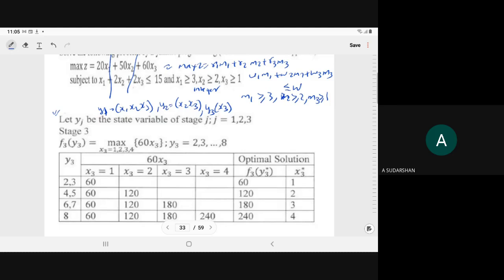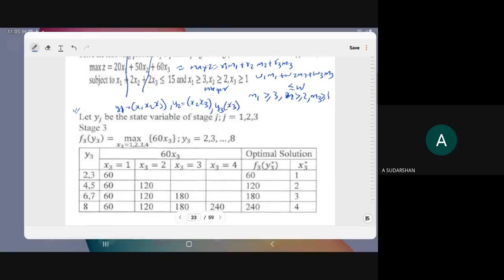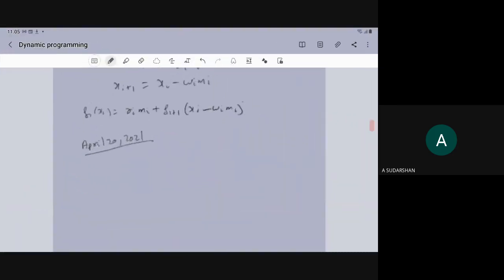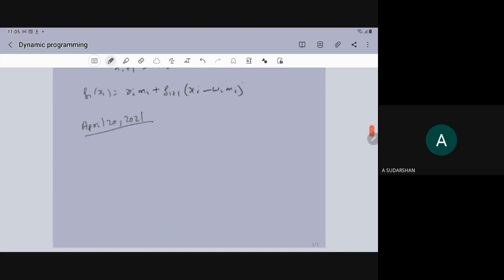Right. So here in stage 3, we have to define the objective function. We define the objective function for stage 3, F3, depending on the state variable Y3. So what is the basic formula? The basic formula is Rn Mn plus F(n+1) of Y(n+1), meaning R3 M3 plus F4 of Y4.